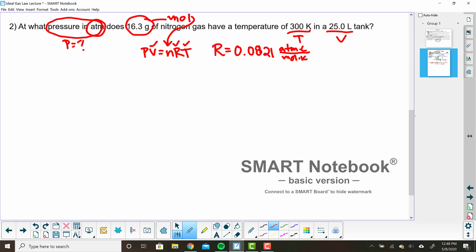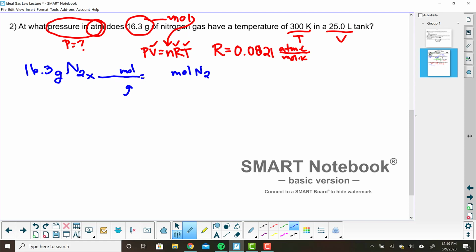Let's start with converting the 16.3 grams since we know we're going to have to plug that into our equation. We've got 16.3 grams of nitrogen gas. Remember that nitrogen is diatomic. So we're incorporating a little bit of stoichiometry / unit conversions into this problem. We want to get to moles of N2. So our units are going to be grams on the bottom and moles on the top.